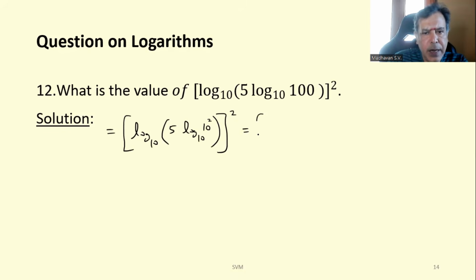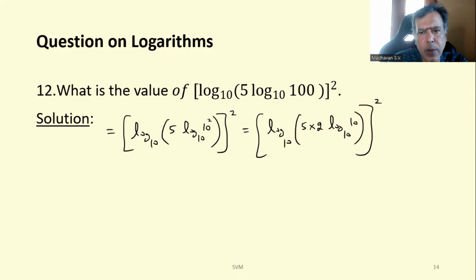Now we can rewrite this as log, whatever power is there, that can be brought before logarithm, which means 5 into 2 logarithm of 10 to the base 10, the whole square. This is nothing but 1 and this is nothing but 10.